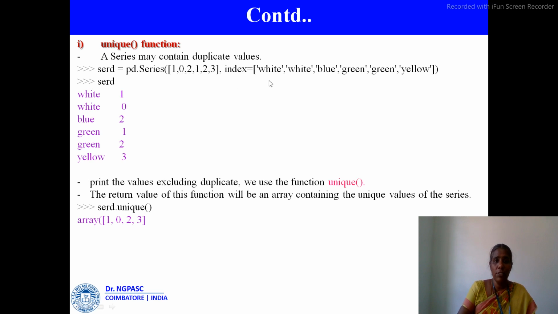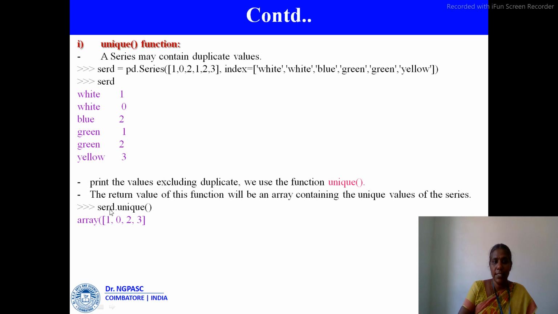Likewise, index values may also have duplicates. When I want to print only the distinct values, excluding duplicates, I have to use the unique function. The return value of this function is an array containing the unique values of the series, excluding the duplicate values.